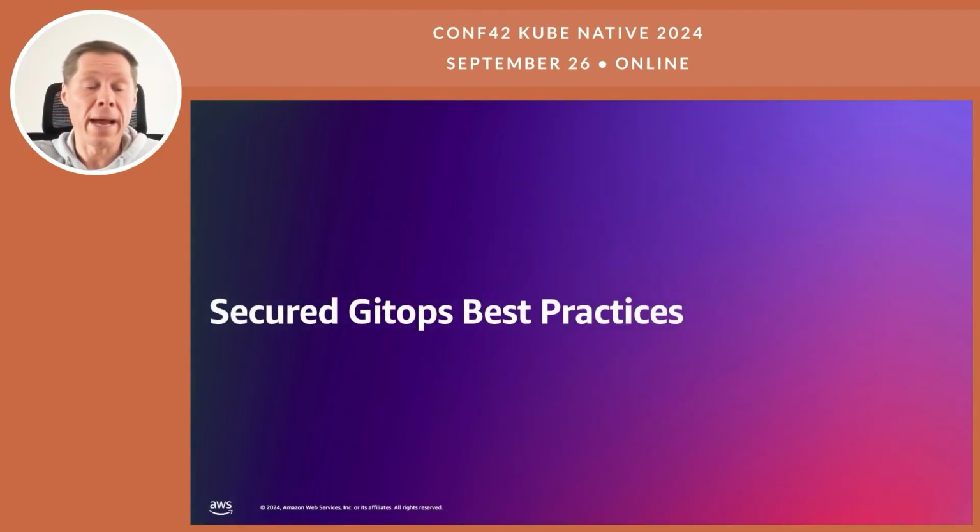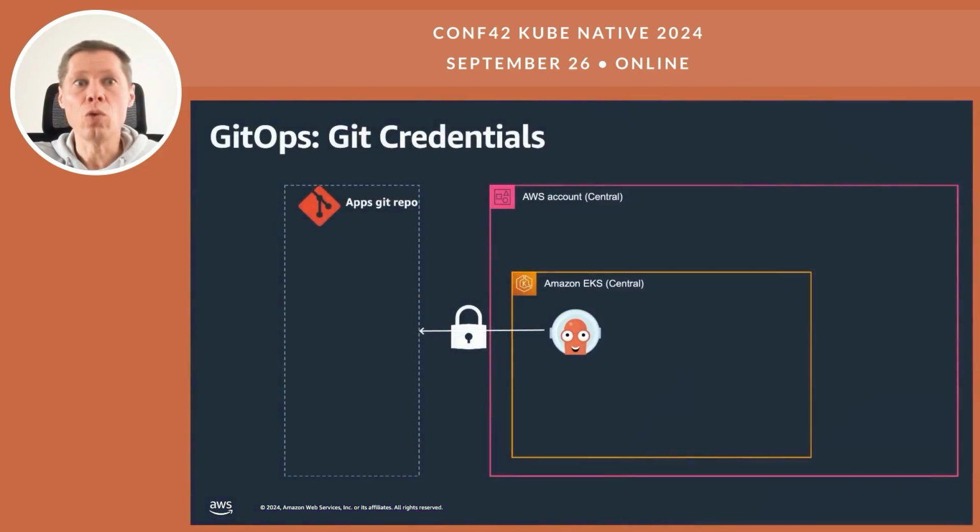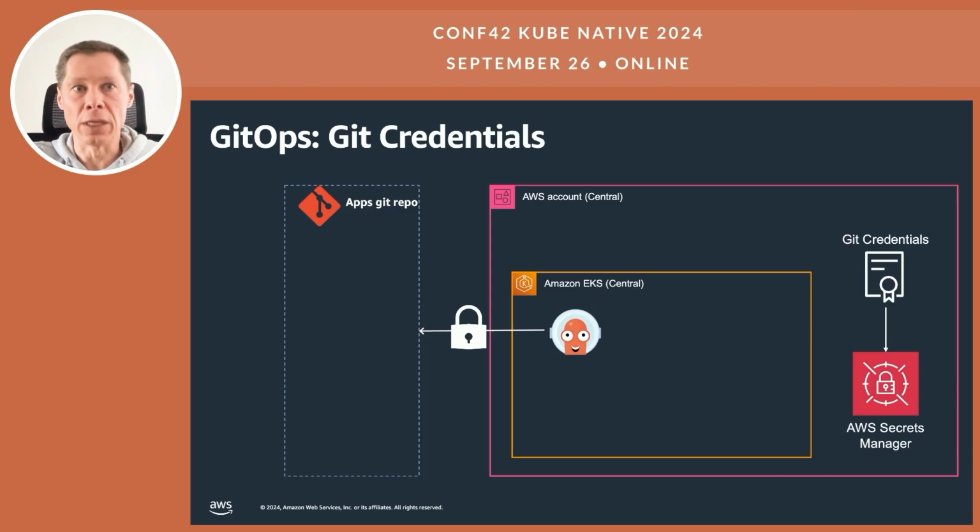And of course, any talk cannot be complete without some mention of security. Security is top priority for AWS, and clusters are no exception. You would want to store the secret materials for your application, for example, private SSH keys or secrets, in a secure location, like AWS Secrets Manager.